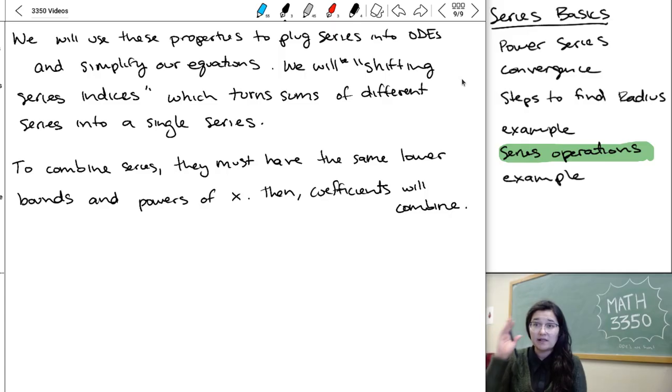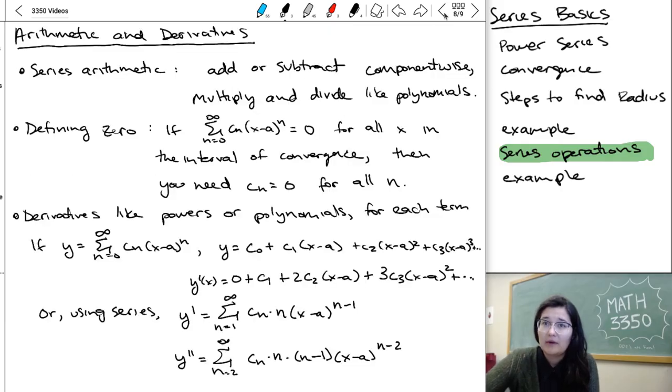We're going to do an example so that this becomes a little bit more concrete, but just to give you an idea of where this is going, I'm going to flip back a page. Go ahead and hit pause if you're writing. Basically, I'm going to have a differential equation that has y, y prime, and y double prime. They're all going to have different lower bounds and different powers of x.